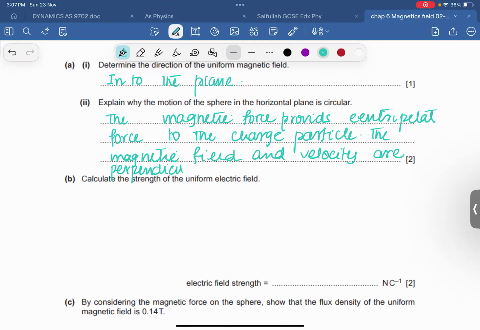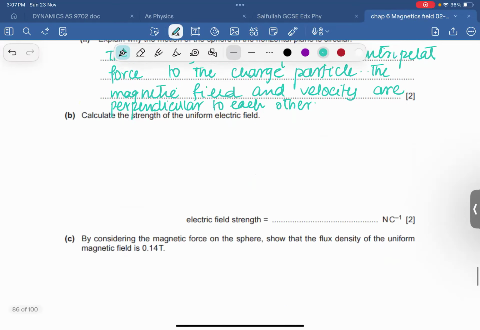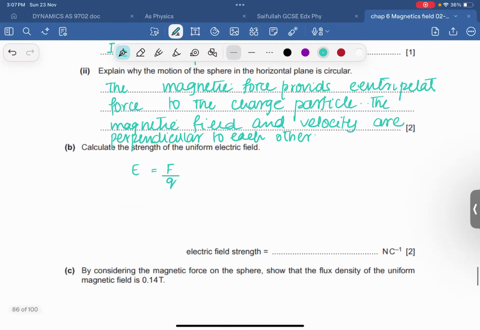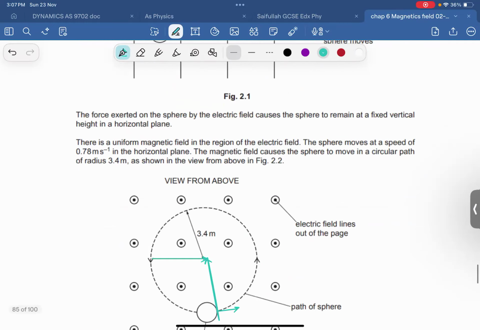Then they're saying find the uniform electric field strength. So E is equal to F over Q, or V over d. Or do we have any other thing?